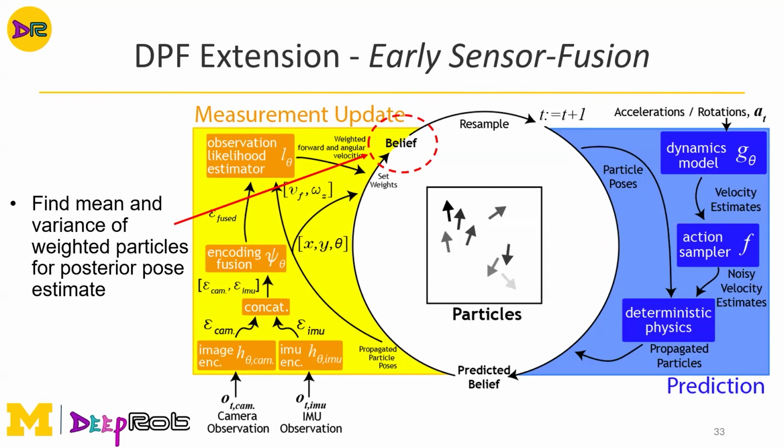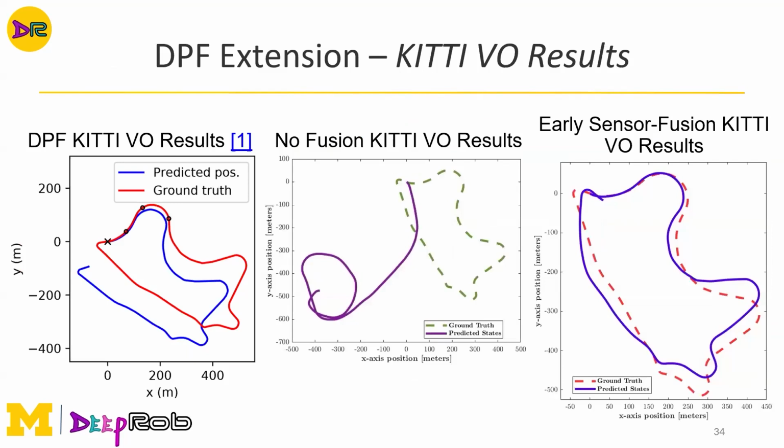Furthermore, as I said in the previous slide, we use the reweighting from the observation likelihood estimator to construct a belief. This belief is the distribution of particles with their updated states across the state space. We then calculate the mean and variance of these particles to get a posterior pose estimate.